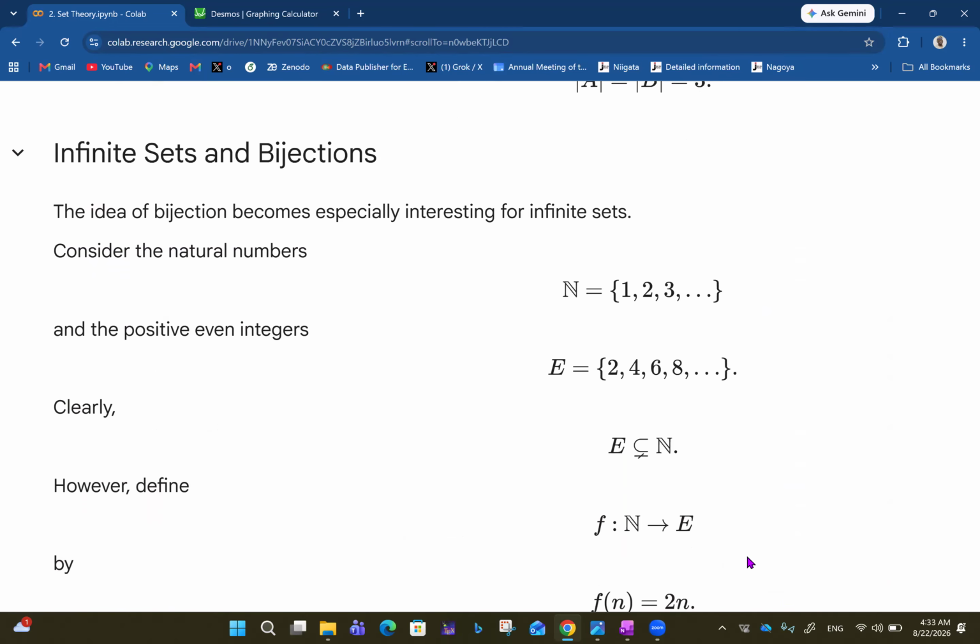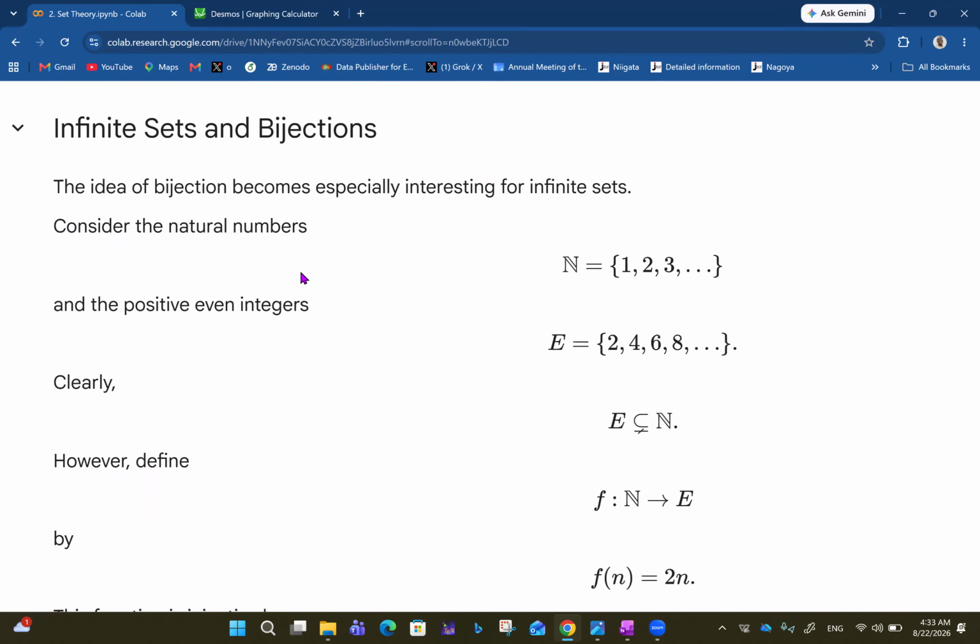Then we talk about infinite sets and bijections. The idea of bijection becomes especially interesting for infinite sets. Consider the natural numbers N: 1, 2, 3, and so on, and the positive even integers 2, 4, 6, 8, and so on. Clearly, the set of even numbers is a proper subset of the set of natural numbers.